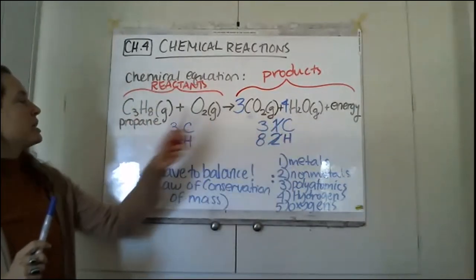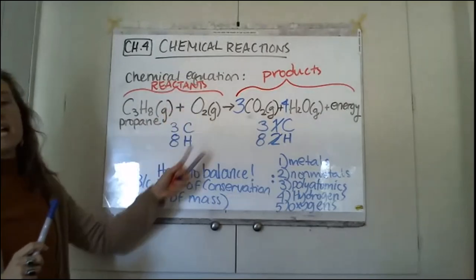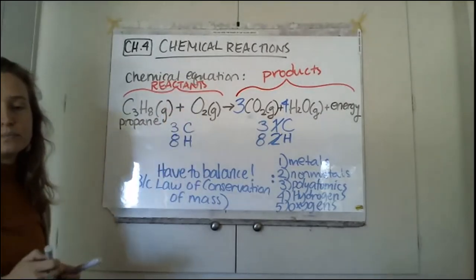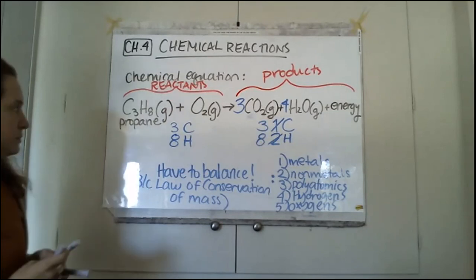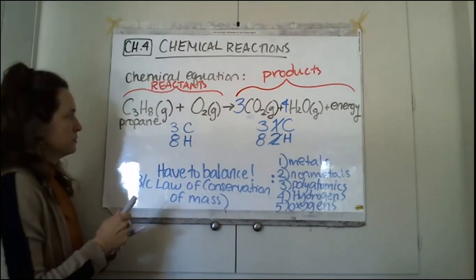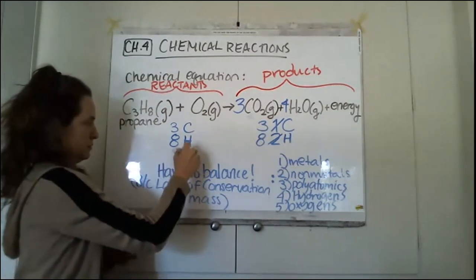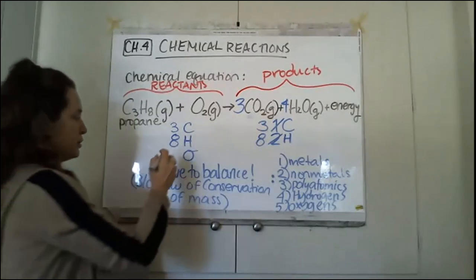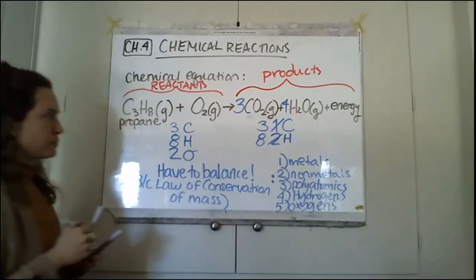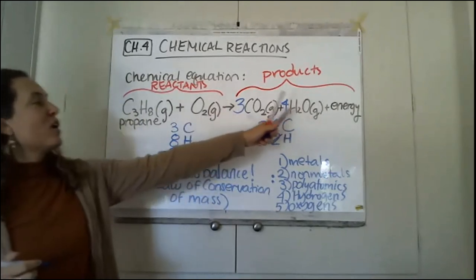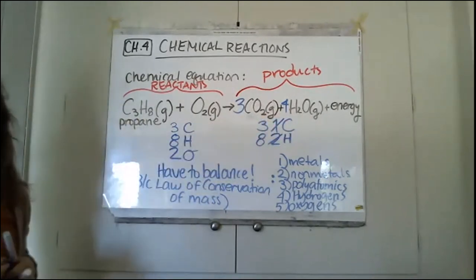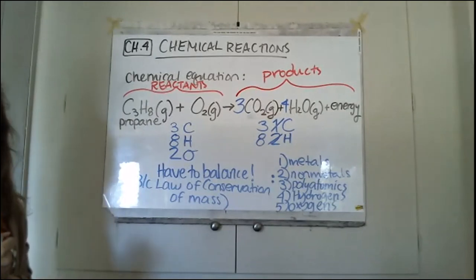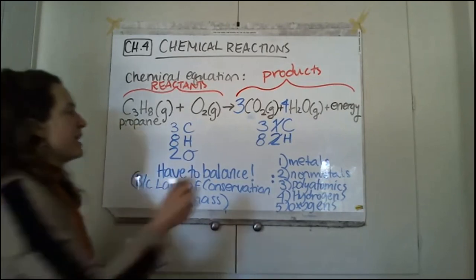And what about oxygen? How many oxygen are there on the left-hand side, on the reactant side? Right, there's 2 oxygens on the reactant side. Now, how many are there on the product side?